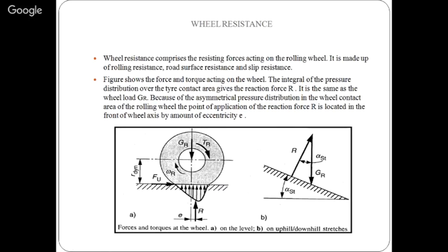And what is the wheel resistance? Wheel resistance is the resistance offered by the wheel when the vehicle is going to start, or when the vehicle is in accelerating conditions.